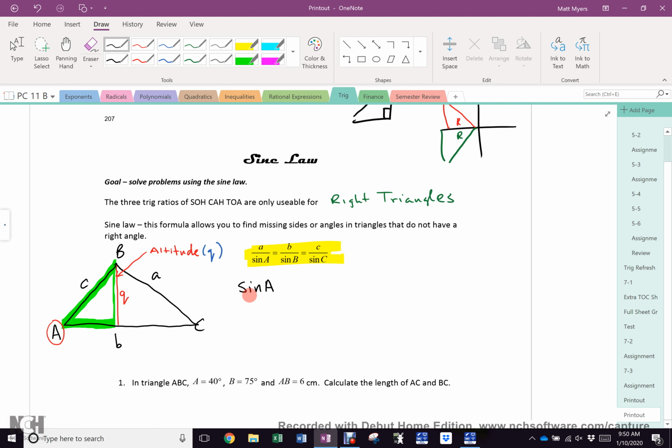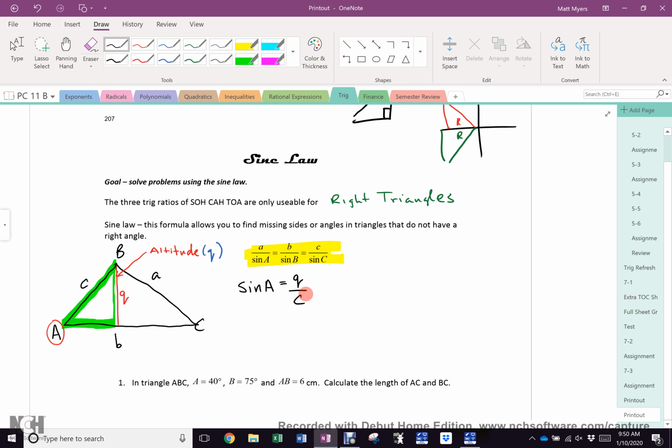What's sine? Opposite over hypotenuse. What right now in this green triangle is opposite to A? Q. Excellent. And what is Q over? C. Everybody agree?